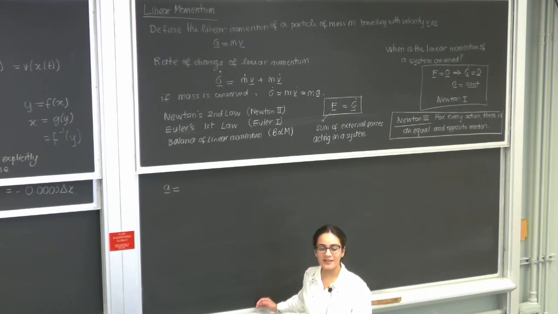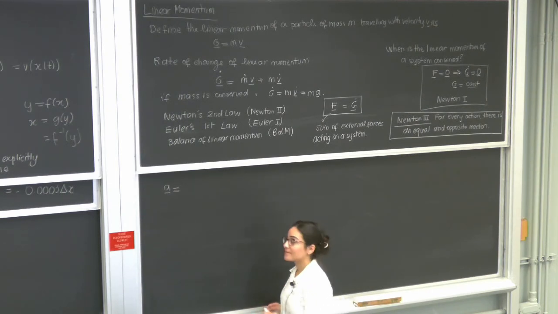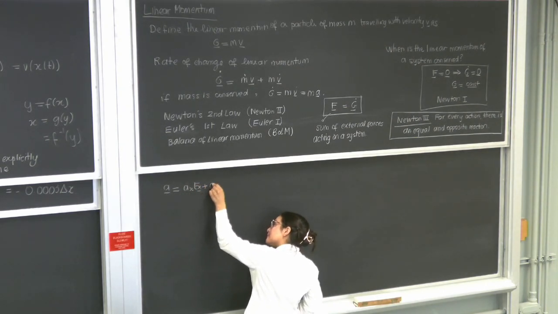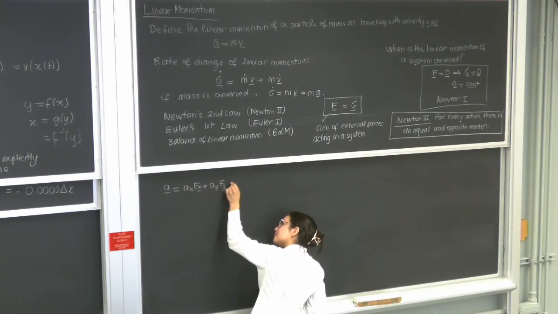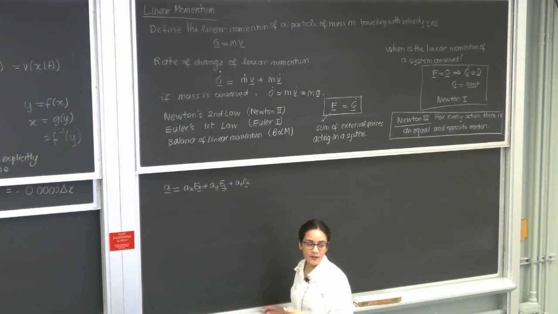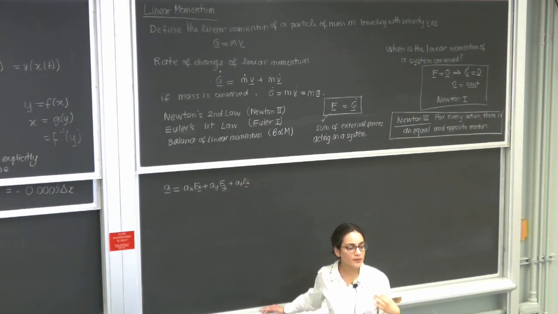That's supposed to be an easy question. Right? x double dot Ex plus y double dot Ey plus z double dot Ez.